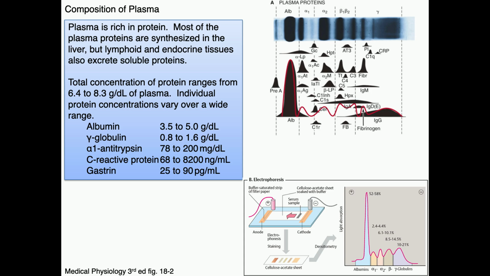Okay, so if we take a sample of serum and we precipitate out the proteins and then separate them electrophoretically based on their charge and their mass, we can visualize the diverse sizes and the diverse abundances of the proteins.